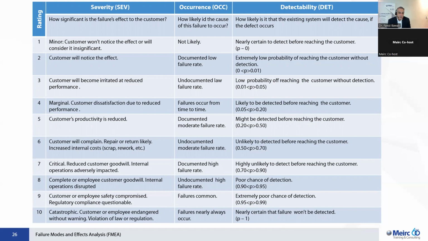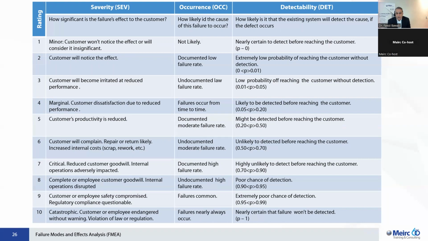and then detection is portrayed. So you can see here, we're thinking about a healthcare situation, a hospital. A 10 means that we will have a death in a hospital. If you think of the probability, if it's confirmed to happen, then that's an occurrence of 10.